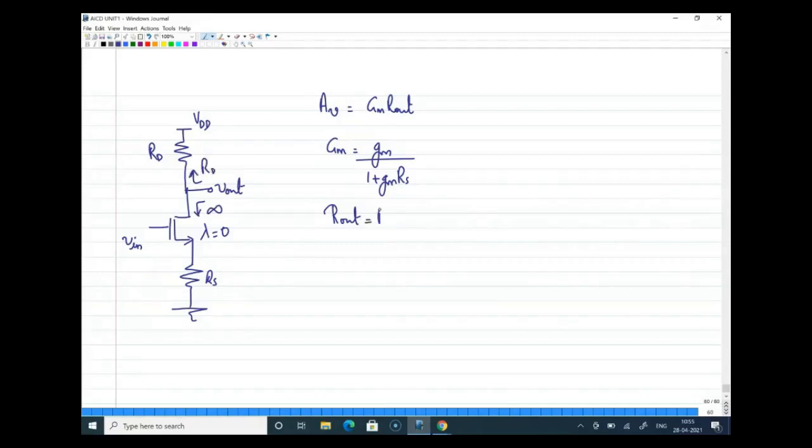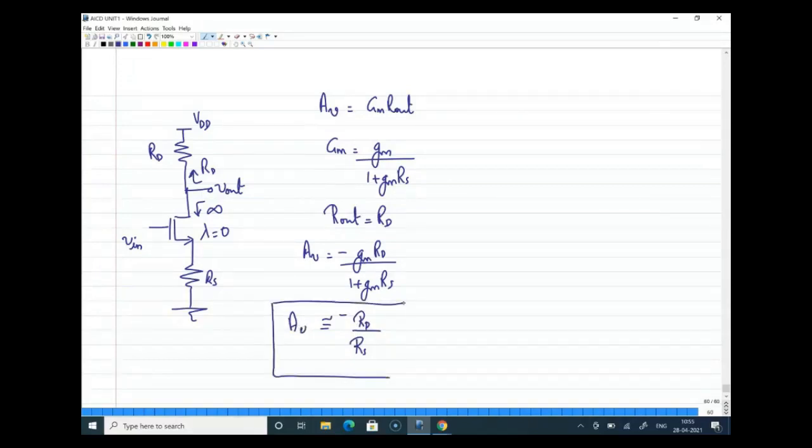So Rout is nothing but RD. So gain can be written as gm RD by 1 plus gm RS, or if gm RS is larger compared to 1, this can be approximated as RD by RS. Sorry, I forgot to put the minus sign. Your AV is equal to minus RD by RS.